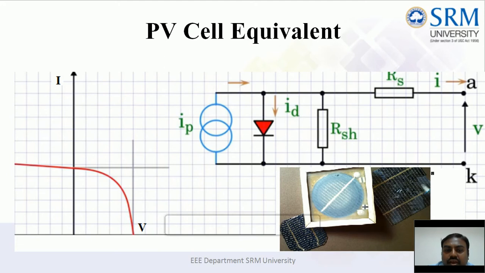Because of the RSH, you have a dip in the current, and because of the series resistance RS, you have a dip in the voltage. That's why the curve is likewise. This is decided by the ideality factor also. So the shunt and series resistance play a crucial role in the output power of a typical PV cell.